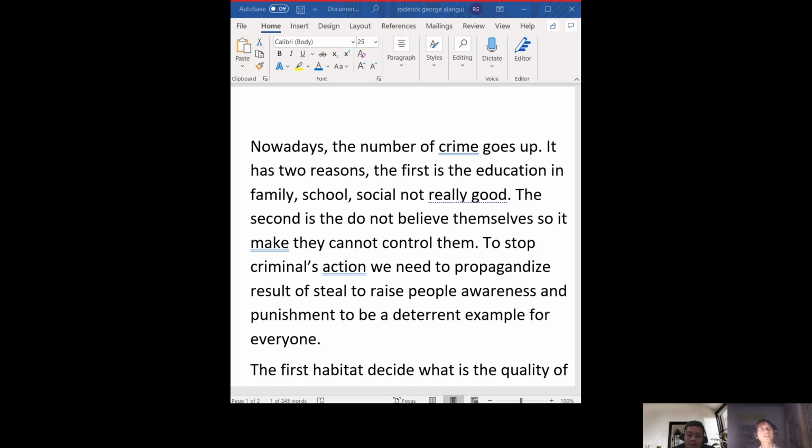I think thief is more than murder. Okay, so thief is a common thing in your country, is it? Yes. Why do you think there is a high number of thefts? The family habitat and the school habitat are the first reason, and the second reason is social development.